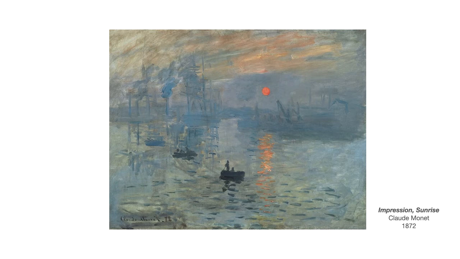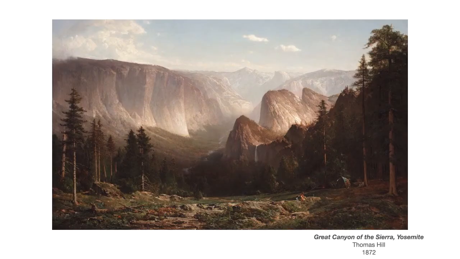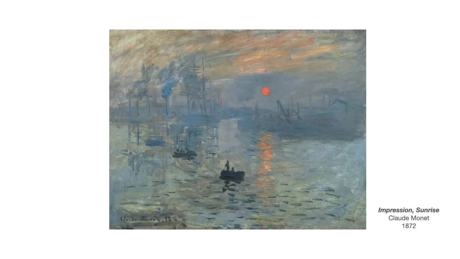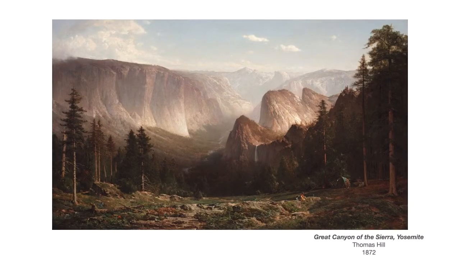This was in 1872. So just to give you an idea of what most paintings looked like then, this is another work from 1872. This is the Great Canyon of the Sierra in Yosemite. You can see it's a big step going from this to this, right?